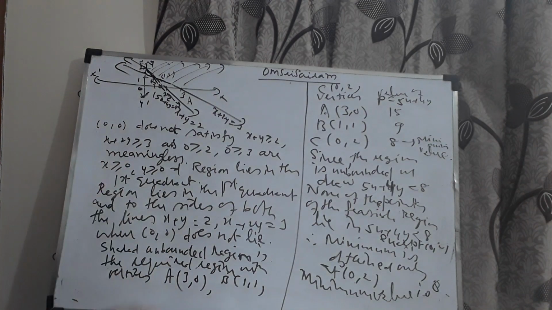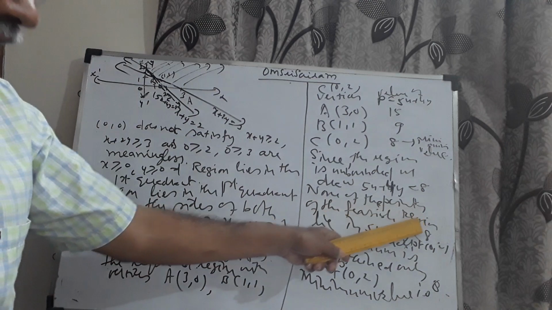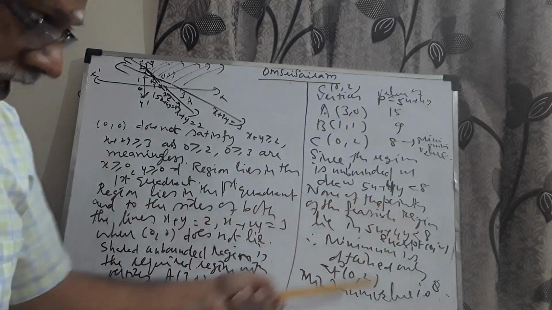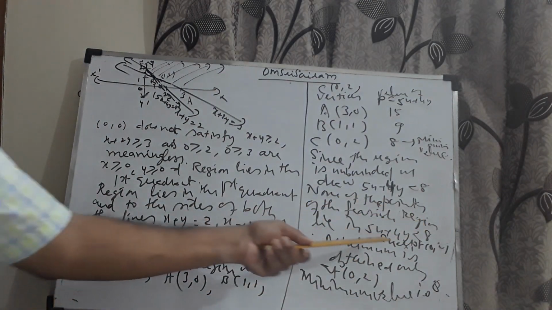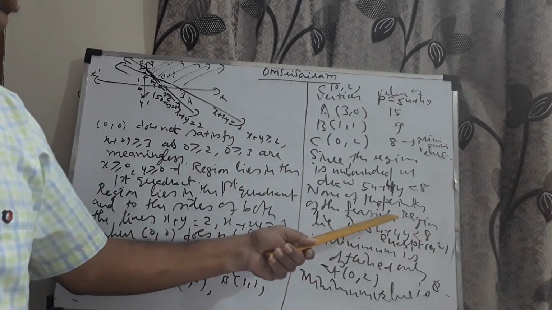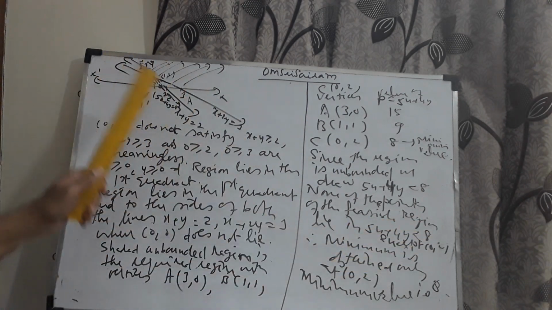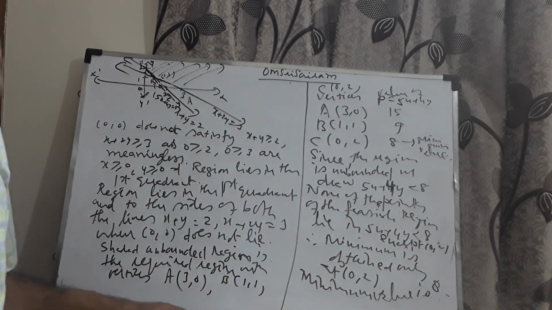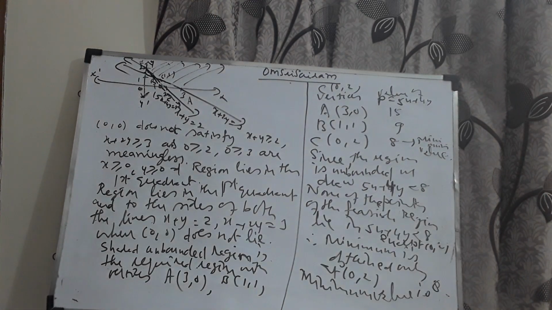Normally it won't be so. You will be expected to write only like this. None of the points of the region 5x plus 4y less than 8 lies in the feasible region except the point 0, 2. The minimum value is only at 0, 2 and minimum value is simply 8.